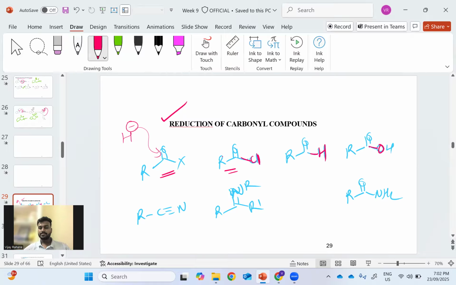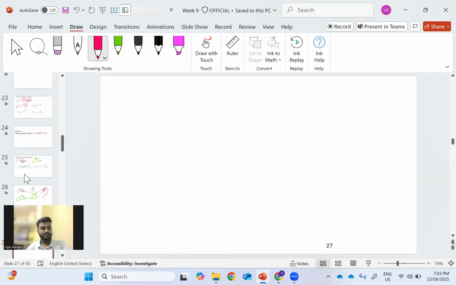Then we have the acids, and also nitriles, imines, and amides. These are compounds involving a carbon-heteroatom double bond, and the reduction of such double bonds uses different reagents, particularly for getting selectivity, and in some cases sterically controlled reduction can also take place. That will be revised in today's discussion.